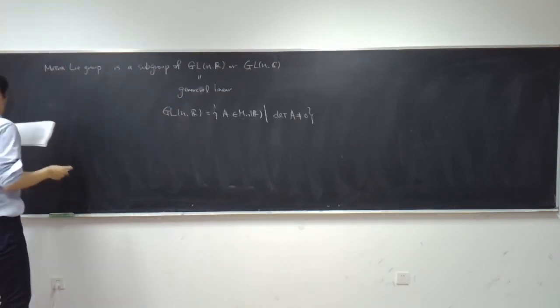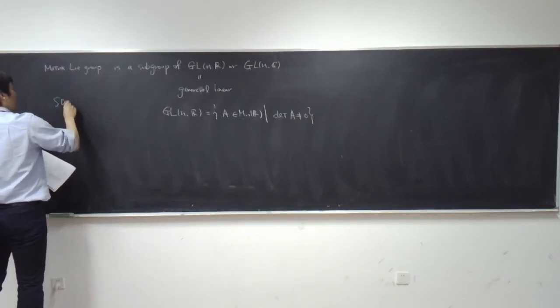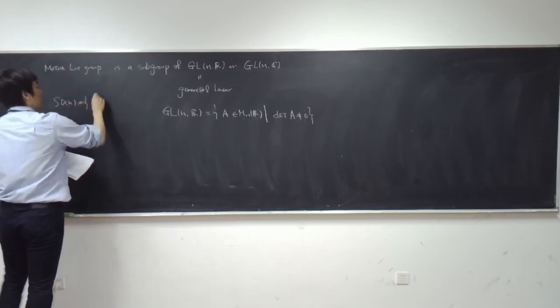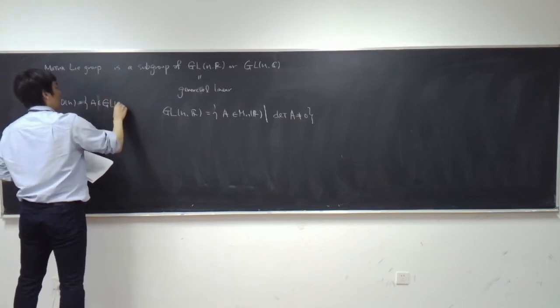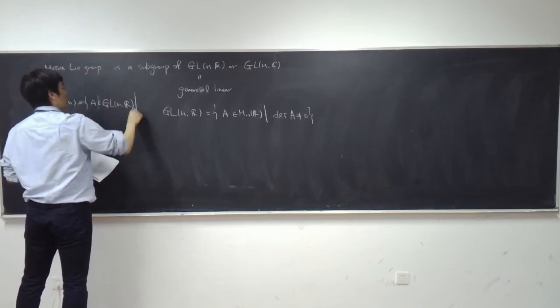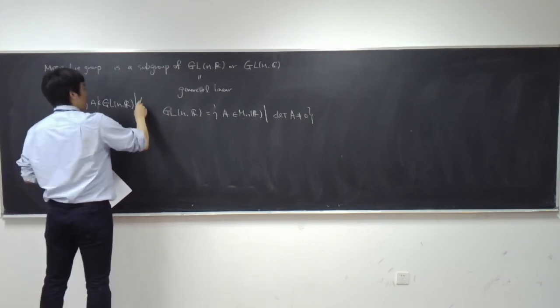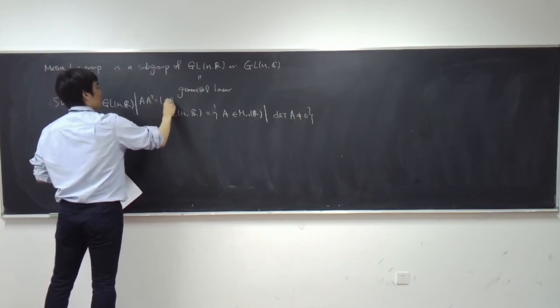And for instance, one can take the SO(n), the matrices of GL(n,R) such that A transpose A is 1.